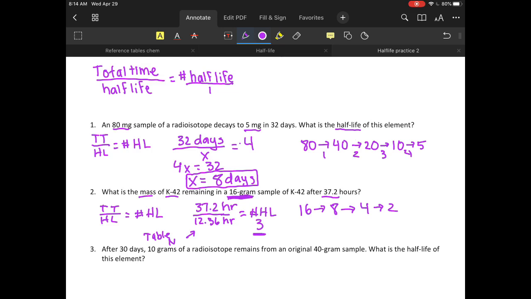So I started with 16 grams, and after 1, 2, 3 half-lives, 2 grams remain. So for this one, I had to determine the number of half-lives and then use that to figure out how much of this sample would be left.